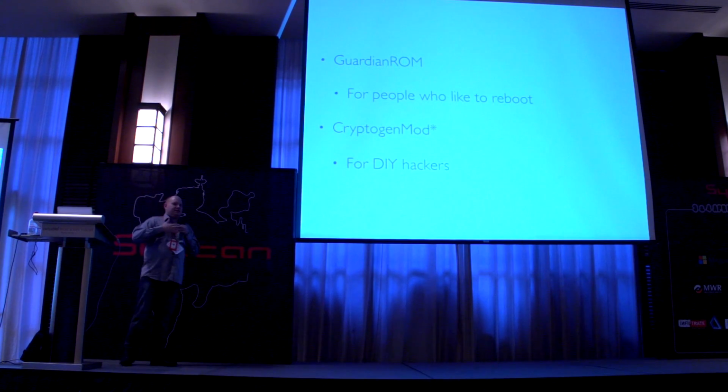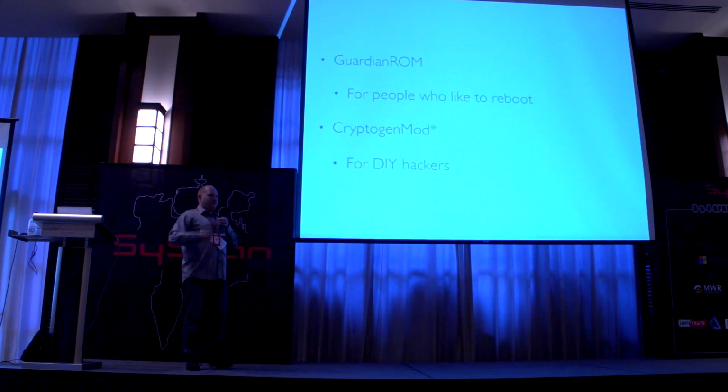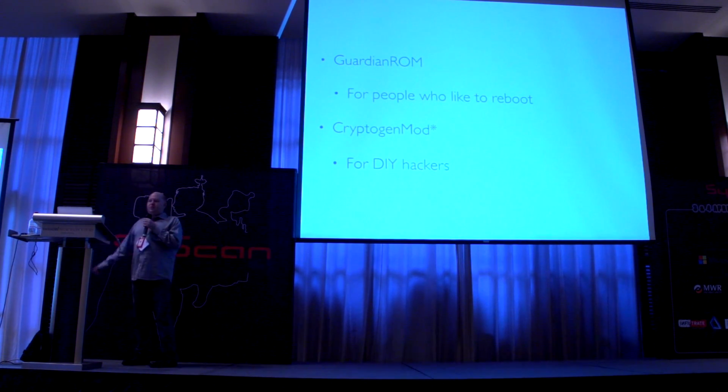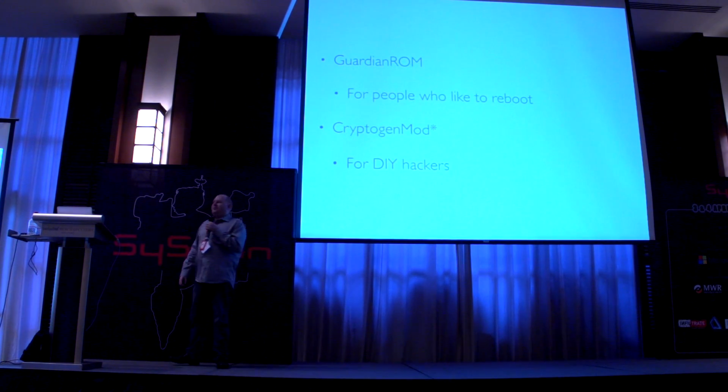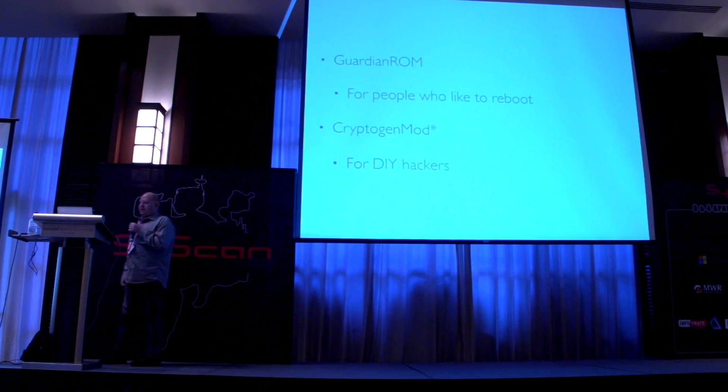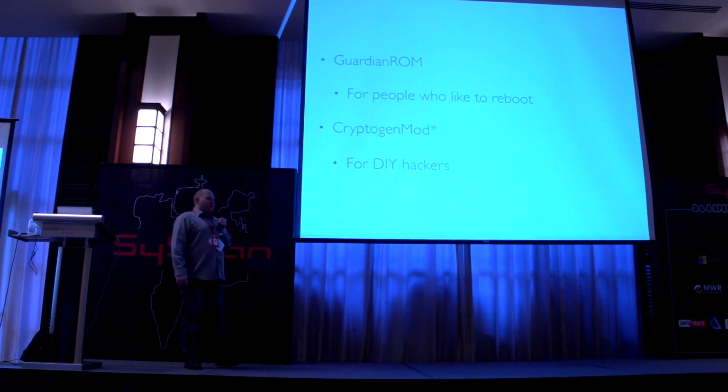In order to access the inner volume or the outer volume, you have to reboot the phone and type in your password again. So if you like to reboot phones, get the Guardian ROM.